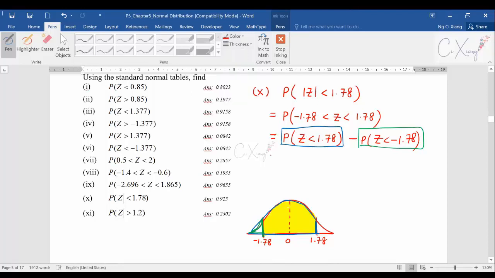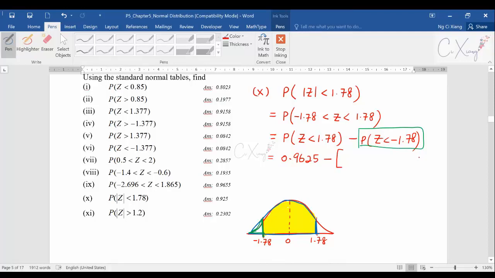After I write it out correctly, I will straight away find it from the table. So z smaller than 1.78. Looking at the table, 1.78, you should get 0.9625. Then minus z smaller than negative 1.78.